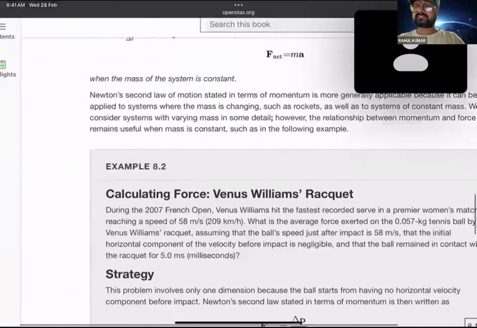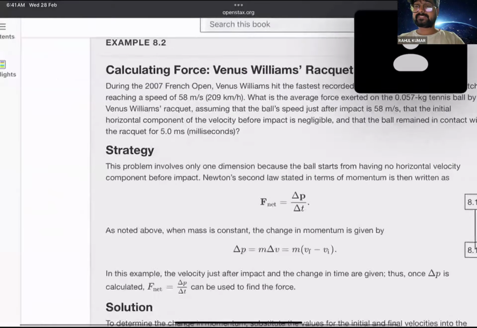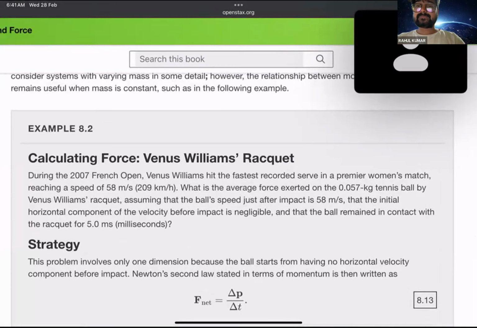Now, next after this, there is a question. Can you read the question? During the 2007 French Open, Venus Williams hit the fastest recorded serve in a Premier Women's match, reaching a speed of 58 meters per second.